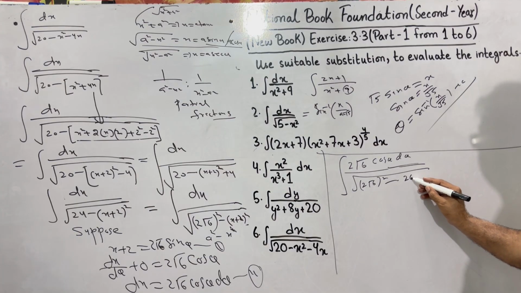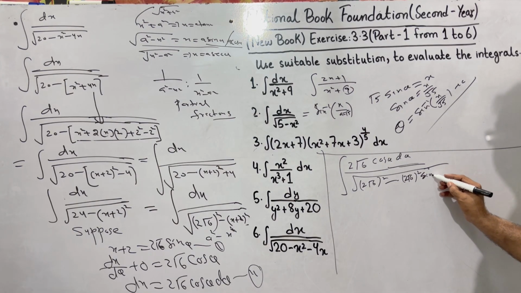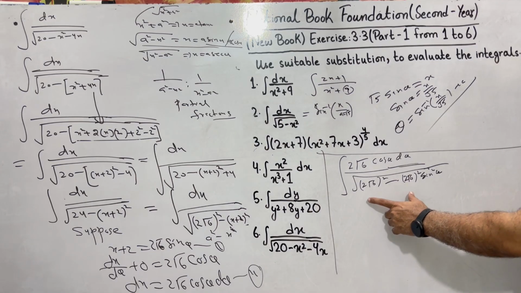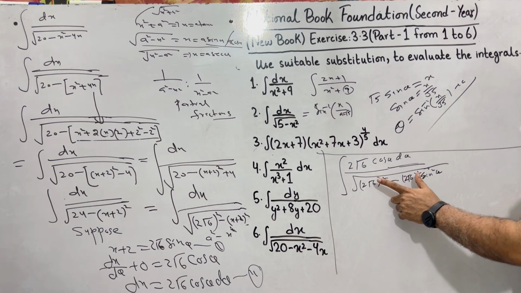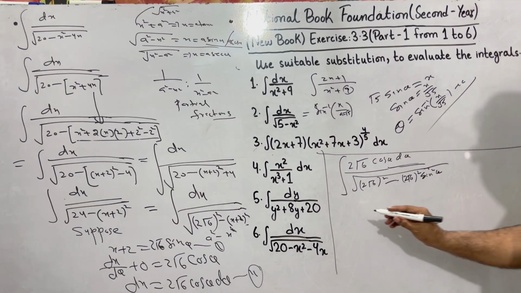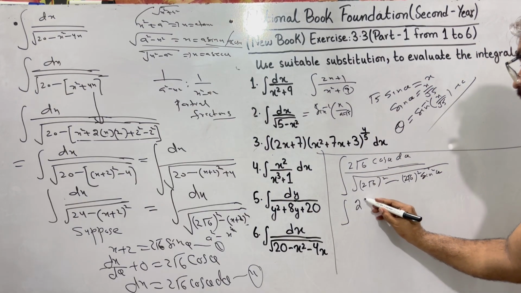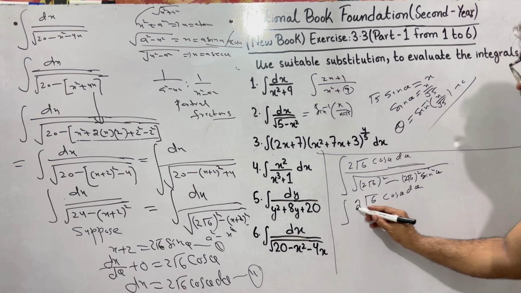Means 2 times root 6 square and sine square. Taking 2 times root 6 square common, we are left with 1 minus sine square. 1 minus sine square is equal to cos square. Square root of cos square is only cos, cancelled out.